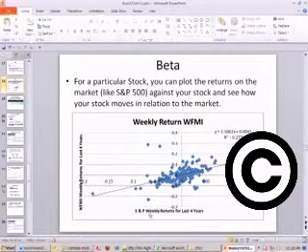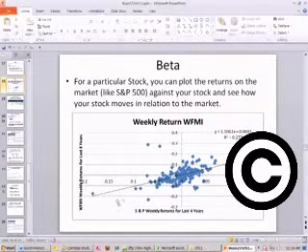Now what we'll do is we'll plot it. We'll actually calculate the returns for the S&P and then the returns for Whole Foods Market, not the actual stock value, but the returns. And when we plot them, we can clearly see that, and this is a scatter diagram. A scatter diagram plots the relationship between two variables.